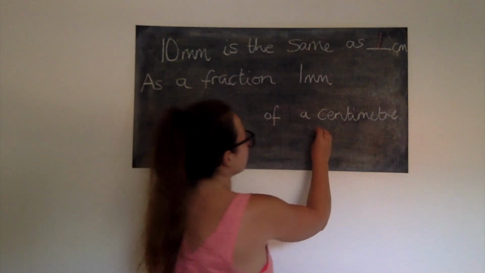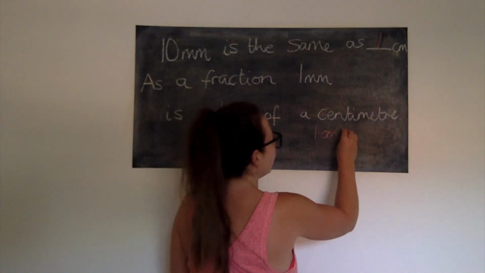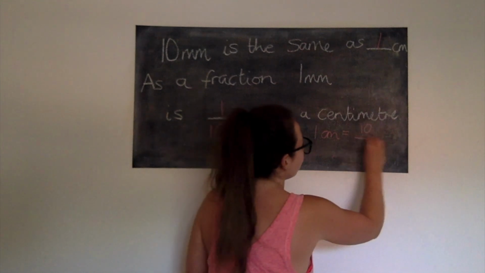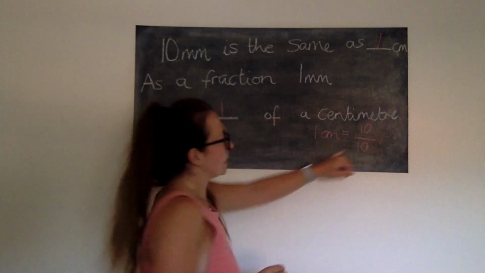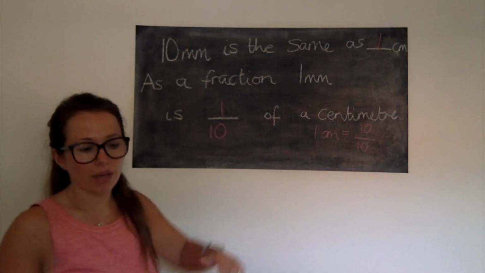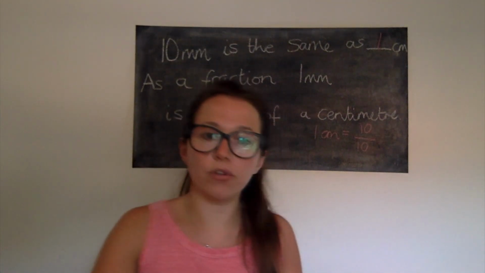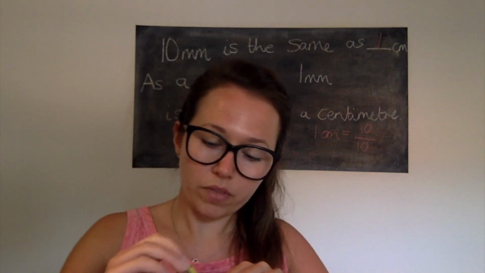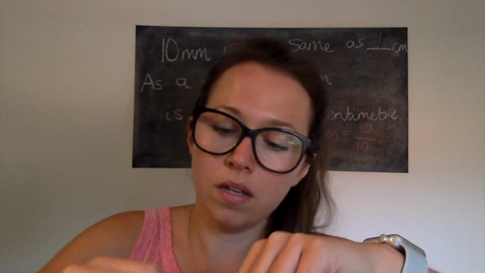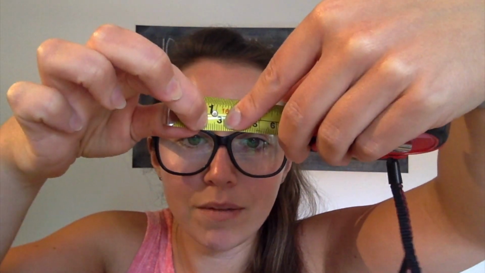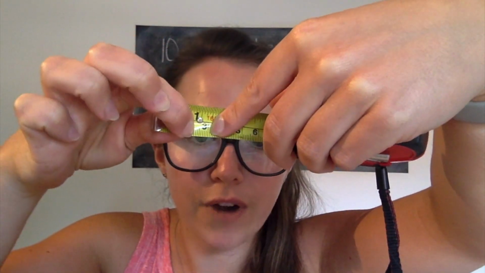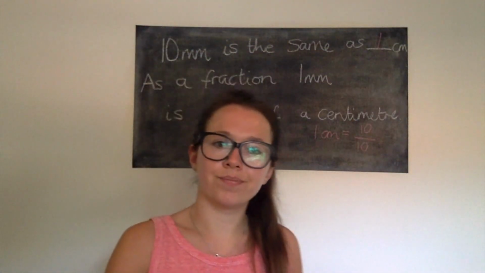Because 1 centimetre is the same as 10 millimetres. And we can see that if you've got a ruler or a tape measure, if you look at 1 centimetre, there are 10 millimetres in between. So as a fraction, only one of those, so 1/10 of a centimetre.